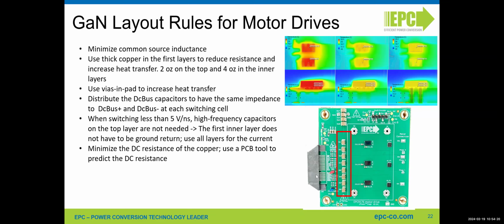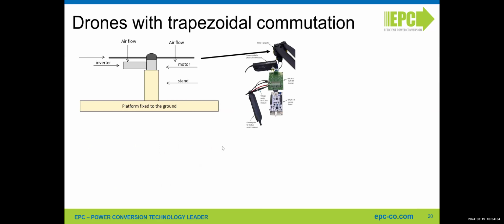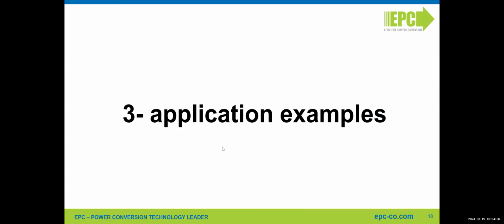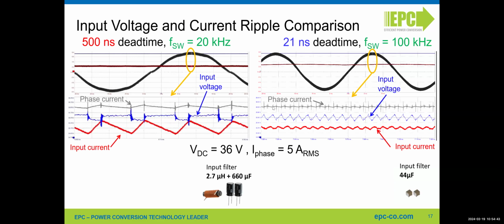Some of the measurements I showed during the presentation, for instance the e-bike, there is only one which is open loop that I can show. All the others are closed loop. This one, which I was showing here, is field-oriented control, sensorless, so closed loop at a given speed.